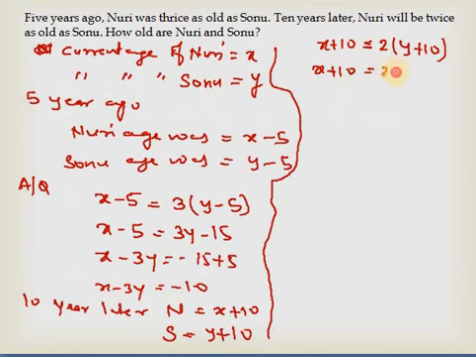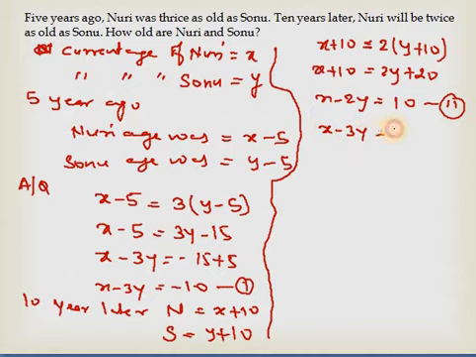x plus 10 is equals to 2y plus 20, right? So x minus 2y is equals to 10. So this is another equation. This is equation number 2, and that was equation number 1. Again we can use any of the methods to get the value. So can I write directly x minus 3y is equals to minus 10, and x minus 2y is equals to 10.